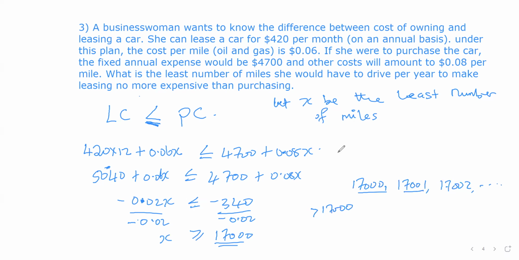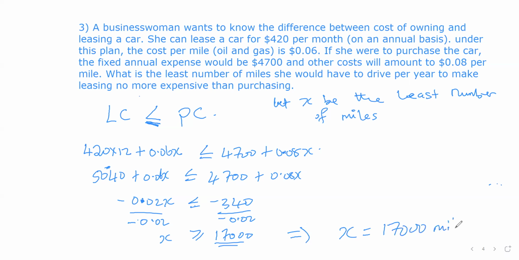Take note of this difference, all right? So our value for X is then equal to 17,000. This is the least number of miles that she needs to drive per year for leasing to be no more than purchasing. Okay, that's that for that question.